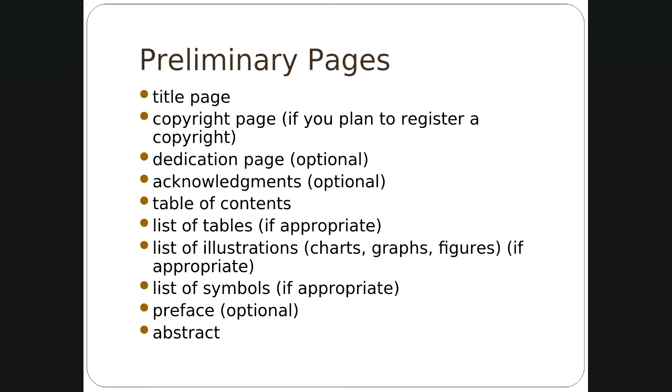Then you would have your preface, that's optional, and then you would have your abstract. So this is the order in which all of these pages go in APA style. They all are part of the paper, the Word doc, before chapter 1 starts.